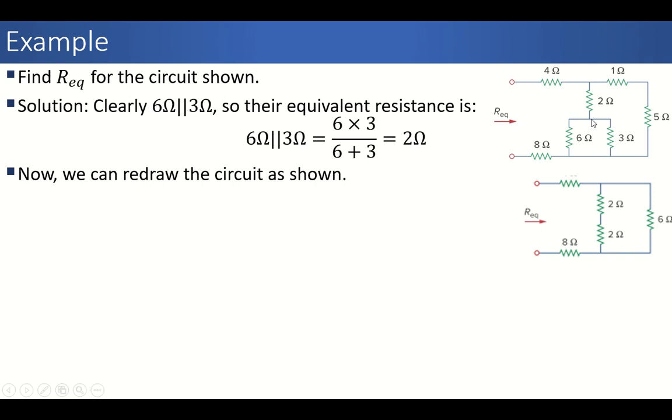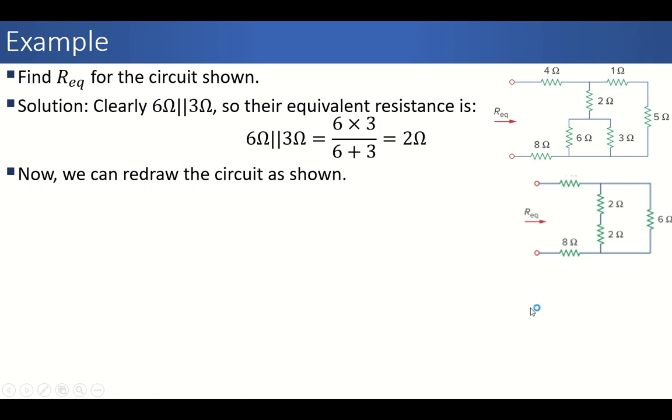Remember that the equivalent will still be connected where these two elements were connected, at this point and this point. So this 2 ohm resistance will be connected precisely where the original two parallel resistances were connected. Now this will be the resulting circuit.